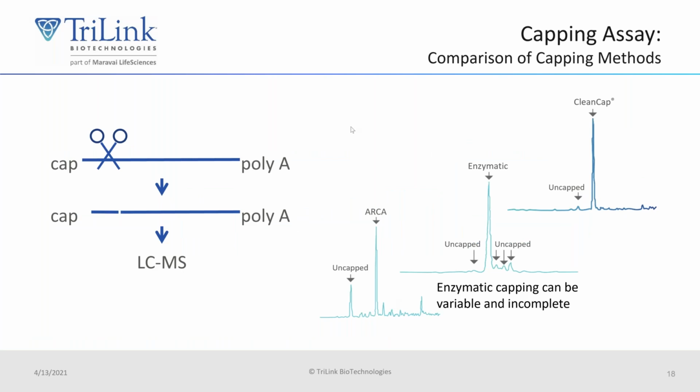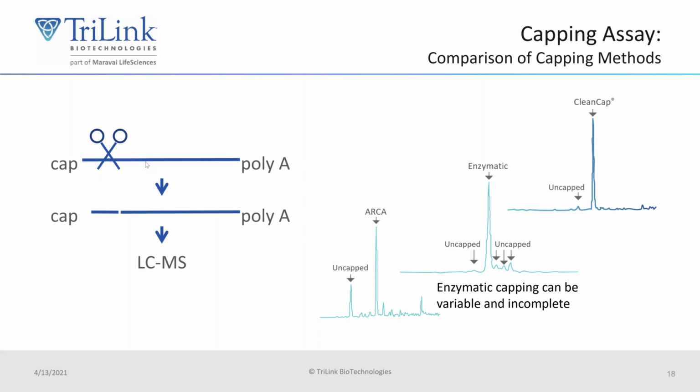Sure. So hopping to this slide here, you can see how we cleave off the 5' end of the messenger RNA and then analyze that via LC-MS like we mentioned. That is an assay that is specific to the 5' sequence of the messenger RNA. Our core assay is compatible with the TriLink vectors that we use to produce the messenger RNA.